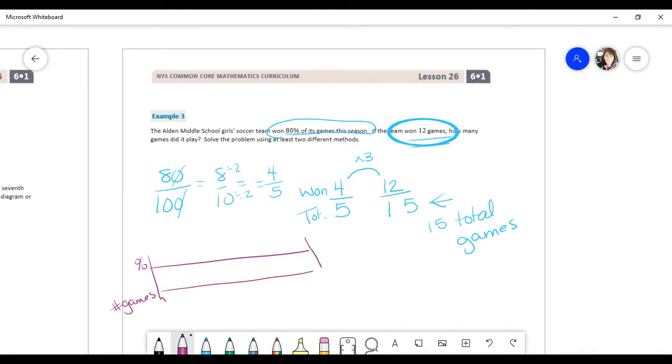All right, and we have our 100%, which is obviously if we have all of them played. And we know that all of the games, we're going to hunt for what we know. All right, let's break this up into, we know that 12 games were won. What could we count by?